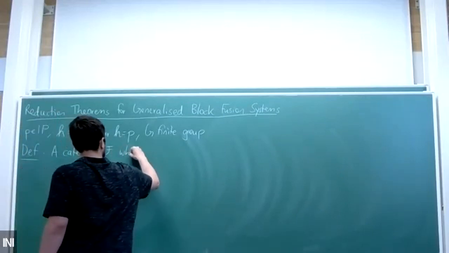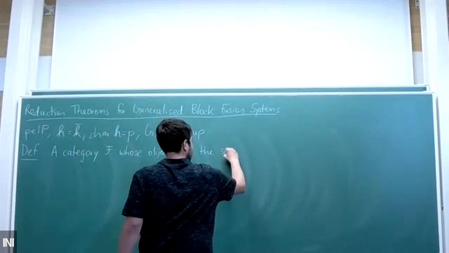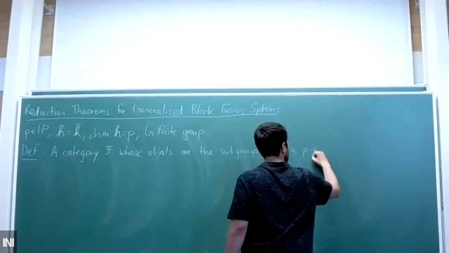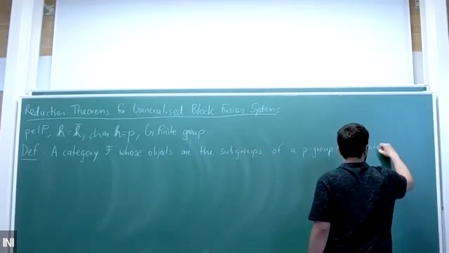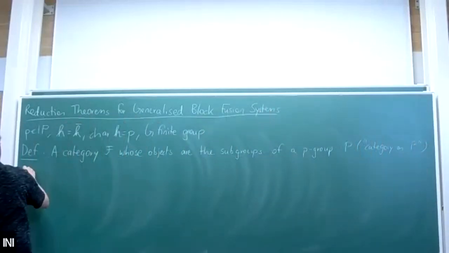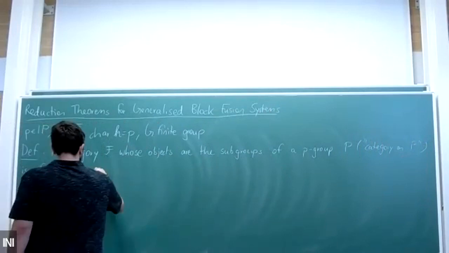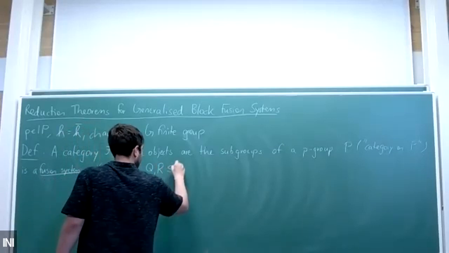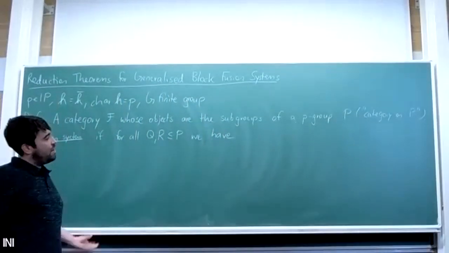F whose objects are the subgroups of a p-group P, and we call this category a category on P, is a fusion system if for all Q, R subgroups of P, we have the following assumptions for their morphisms.